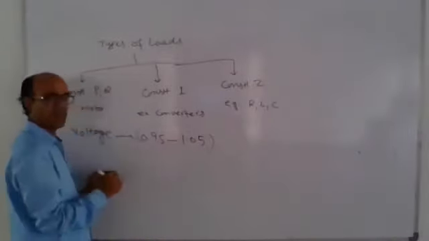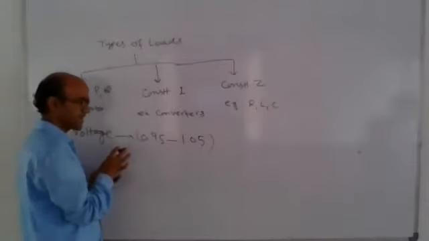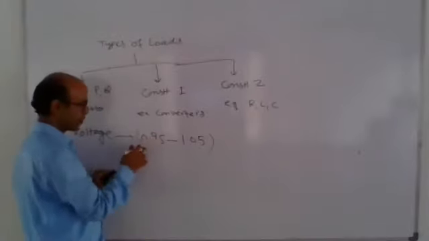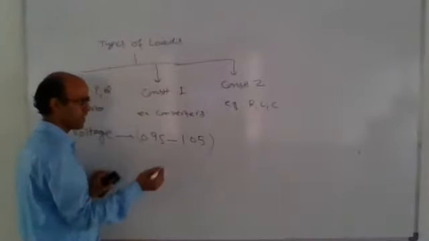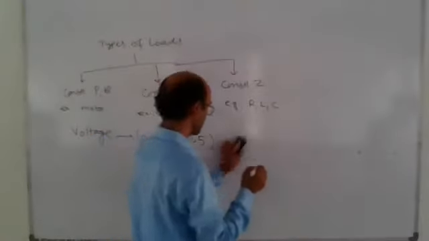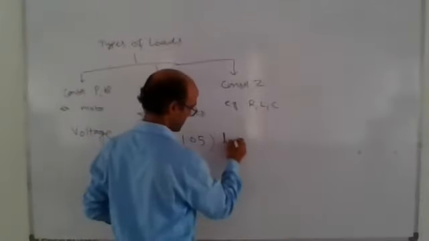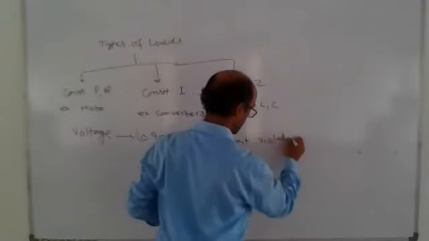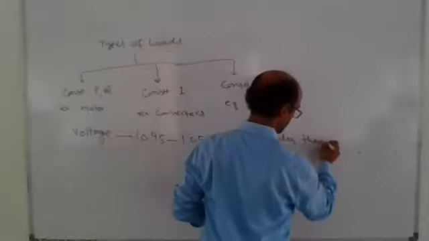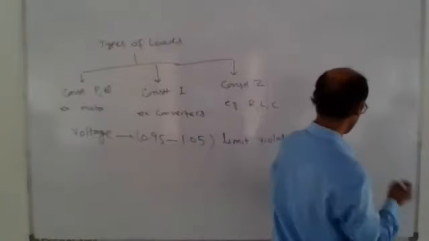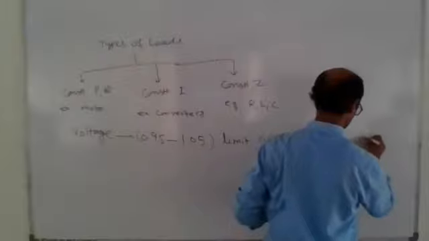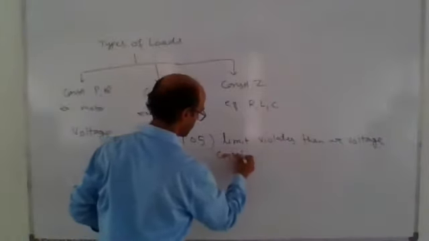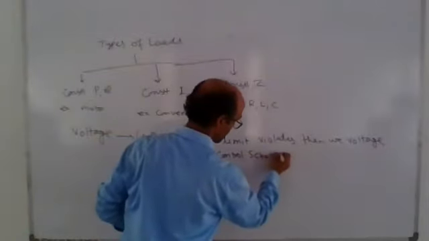If this variation happens, then there is no need to connect any extra device. And if voltage goes beyond this limit, lower or upper, then we require a voltage control scheme or method.